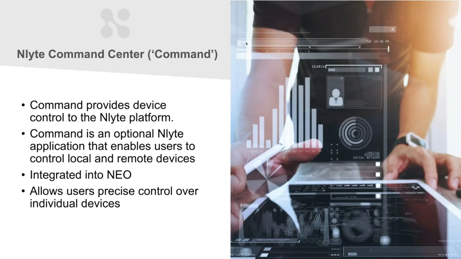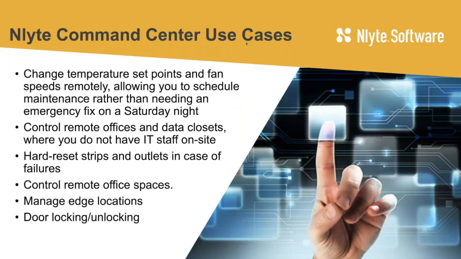So now I'm going to talk a little bit about what the use cases are for Command. These use cases that we came up with have been driven by customers who have actually been using this over time. So just a few that come up fairly regularly are things like changing a temperature set point and fan speeds.